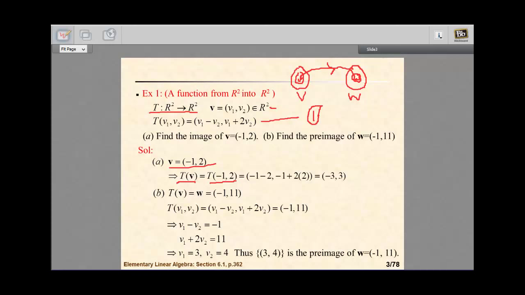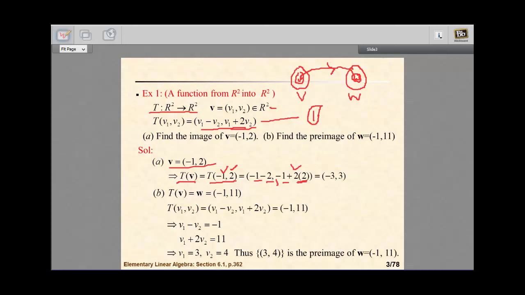We can write that, let us assume that it is v1 and it is v2. So from equation number 1 we can write v1 minus v2, then put the comma, and then v1 plus 2v2. It is all written: v1 minus v2 and v1 plus 2v2.